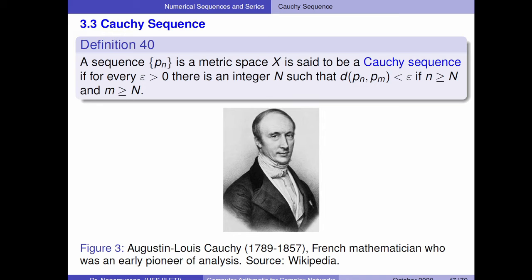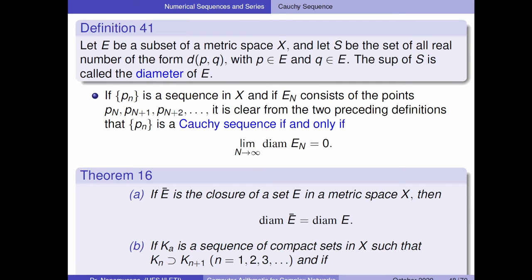A sequence Pn in a metric space X is said to be a Cauchy sequence if, for every epsilon greater than 0, there is an integer N such that the distance between Pn and Pm is lower than epsilon if n is greater than N and m is greater than N. This is the French mathematician, one of the first guys, at least in the West, that started to study mathematical analysis.